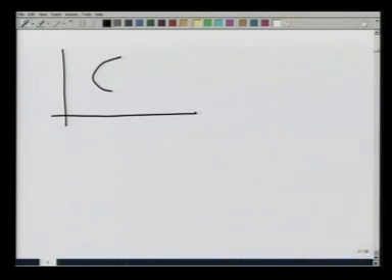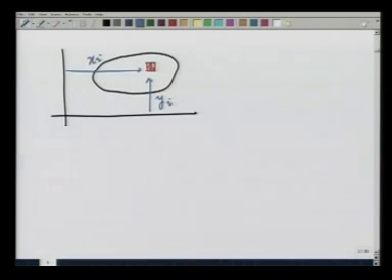In a similar manner, we define the first moment about the y axis. This is the area, and I took a small elemental area here at a distance y i from the x axis and a distance x i from the y axis. This is the x axis, this is the y axis.